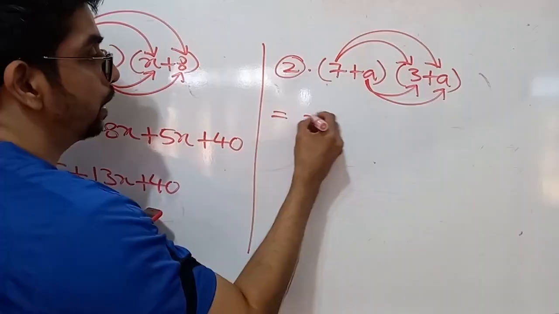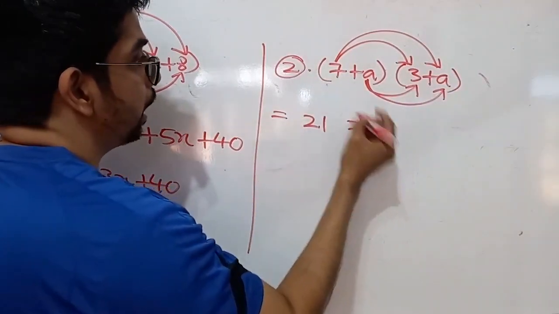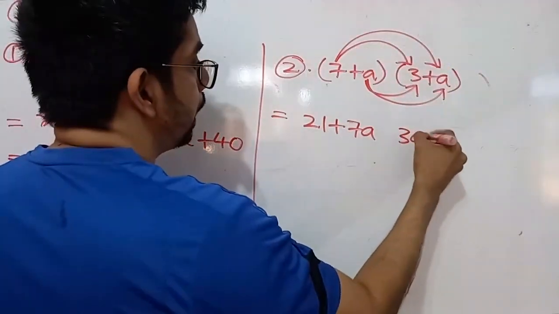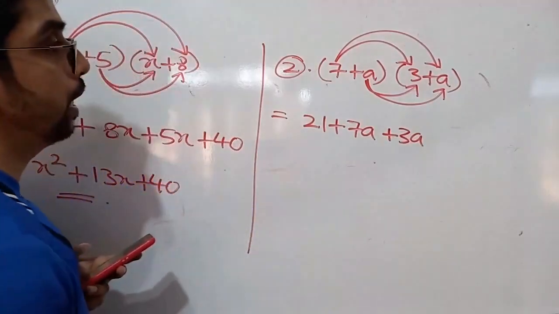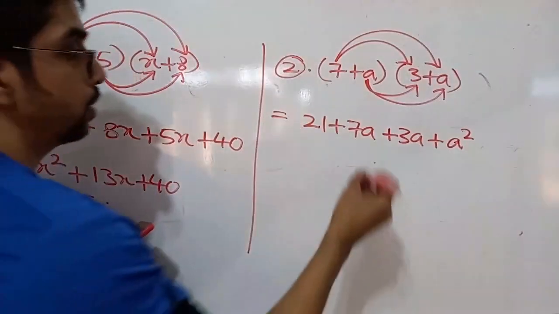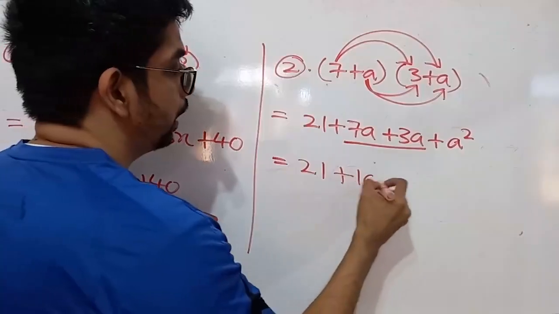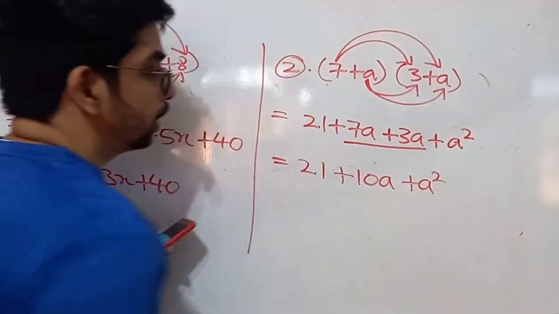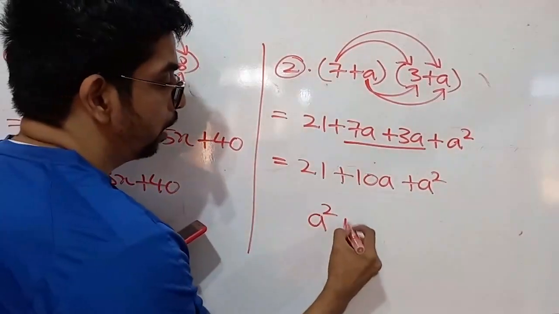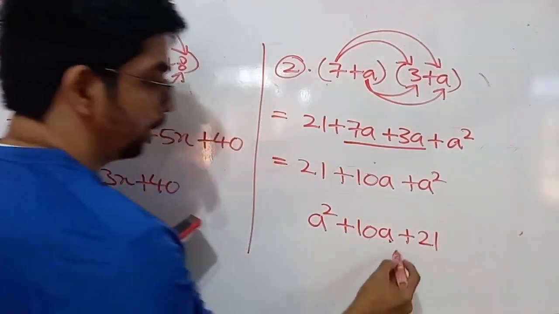So 7 into 3, that is 21, positive into positive, that is positive. 7 into a, that is 7a, positive. A into 3, that is 3a, positive. A into a, that is a squared, positive. Now here are the like terms. So what happens here? 21 plus 10a plus a squared. If we want, we can arrange it this way, you remember. a squared plus 10a plus 21. You remember these.